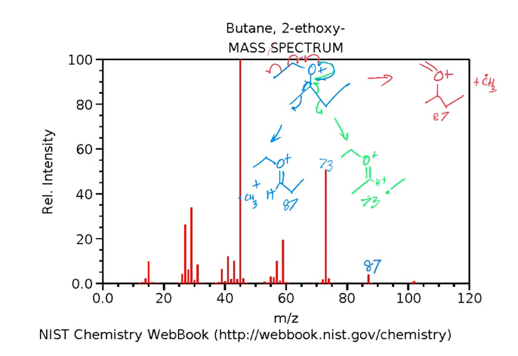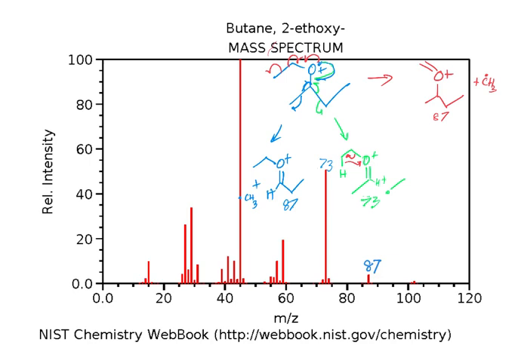Okay. So it turns out that the 87 and 73 down here can also do another rearrangement. So there's a rearrangement that looks like this. If it has a hydrogen on here, then the way this is drawn is that this hydrogen transfers over here and it loses an ethene.